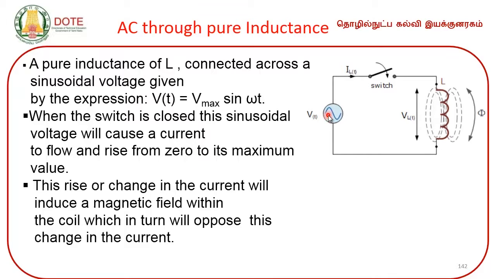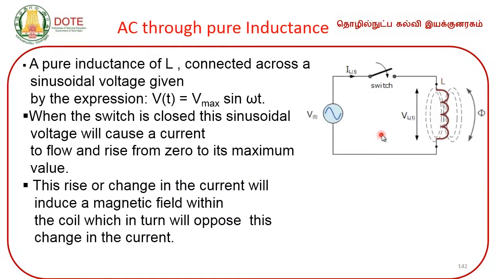The sinusoidal voltage from 0 reaches its maximum value at the positive and again back to 0, negative maximum, 0, right? So when you apply this voltage source across the inductor, the voltage reaches positive maximum, 0, negative maximum, 0. Similarly the current also reaches its maximum, 0, negative maximum, 0, but here the inductor voltage and current do not reach their maximum value, positive or negative, at the same time, right?